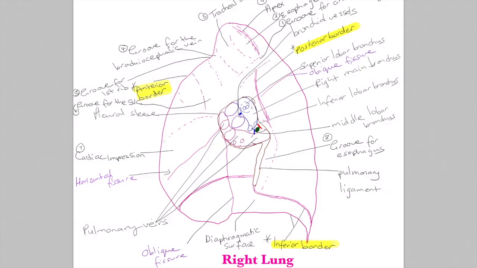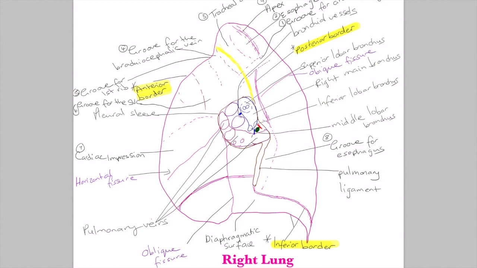So that's a brachiocephalic vein. You could draw here the vagus nerve going to the hilar area. Like I said, I'm not an artist, so you have to go look at your atlas. Okay.